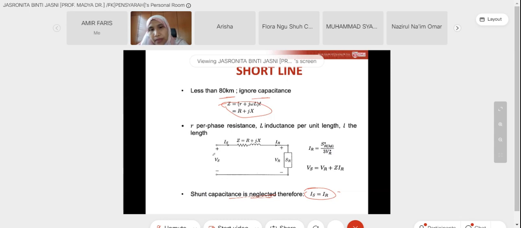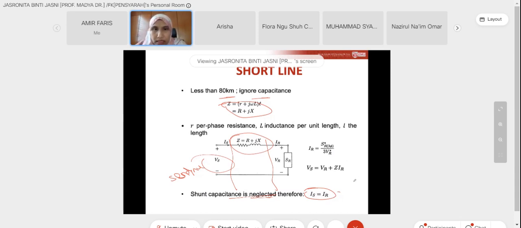This is the sending part, and R is the receiving part. So VS, IS is sending, and this is the receiving part, and in the middle we have the conductor, the impedance.